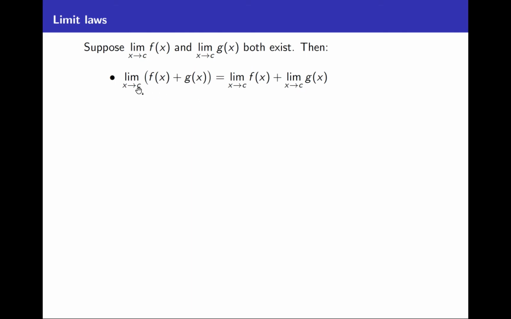That as x gets closer and closer to c, f of x plus g of x is approaching the number that f of x is getting closer and closer to, plus the number that g of x is getting closer and closer to. That should be intuitively obvious and plausible.